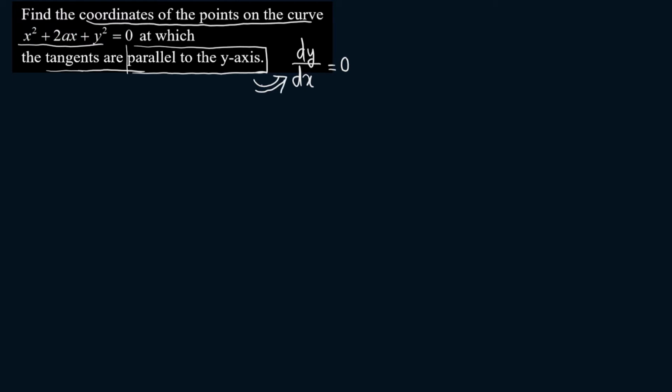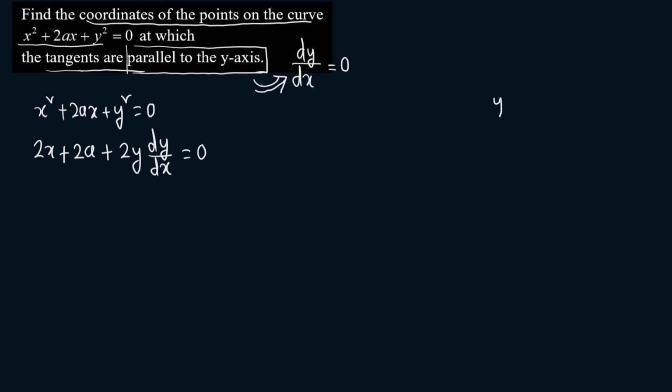It's an implicit function. Let me write the equation: x square plus 2ax plus y square equals 0. If we differentiate with respect to x, it gives us 2x plus 2a, and then 2y dy by dx. That is our expression, and dy by dx equals 0.